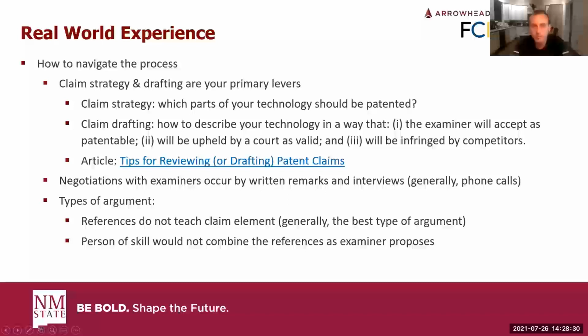So how do you improve your outcome? How do you get through this? How do you navigate this process in a way that will get the patent through cost effectively, that will get it through in a way that the patent is issued when it's still useful to you, and without narrowing your claims so much that the claims wind up not covering what you're doing or what your competitors might do, right?